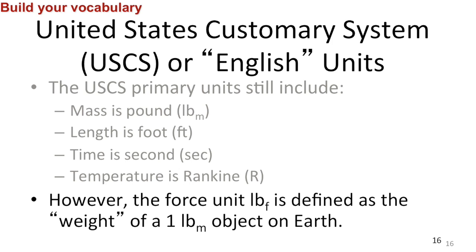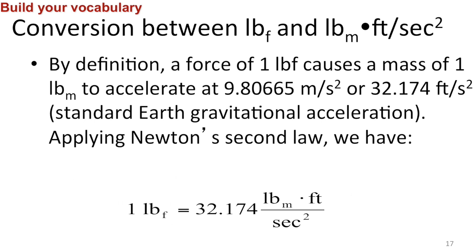Rather, it is defined as the weight of a 1 pound mass object on Earth. Now, because of this fact, there's a more complex conversion between pound force and this multiplication of pound mass and acceleration in the USCS system.